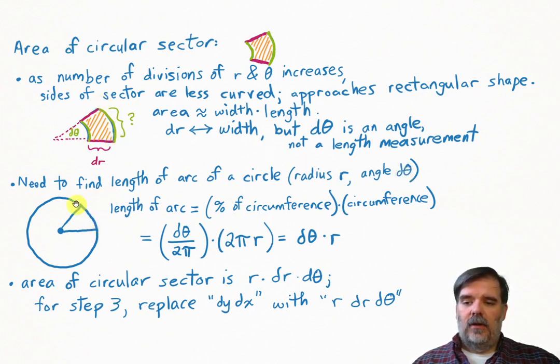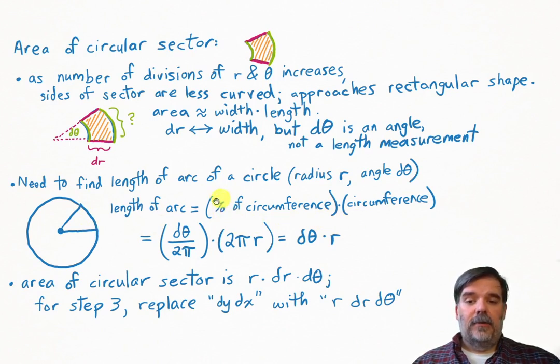Well, the length of an arc of part of a circle, one way you could calculate that is to calculate the total circumference of the circle, and then figure out what percentage of the circumference corresponds to this arc. And so that'll be our calculation to find the length of the arc.